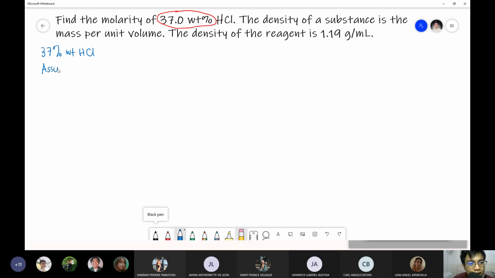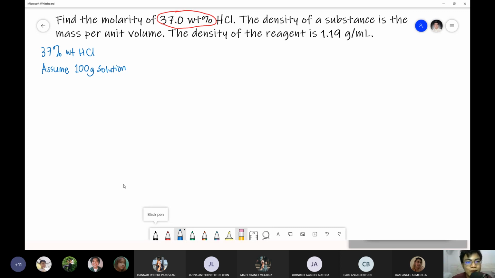Okay? Always yan. Okay? Assume we have 100 grams solution. Kapag percent volume yan, ang i-assume nyo, 100 ml solution. Okay? Bakit po kaya 100? Pwede ba 50? Pwede po ba 3.14? Pwede naman. Pero, the thing with 100 is kasi, kung ano na yung percent mo, tapos i-multiply mo siya sa 100, edi yun na rin yun.